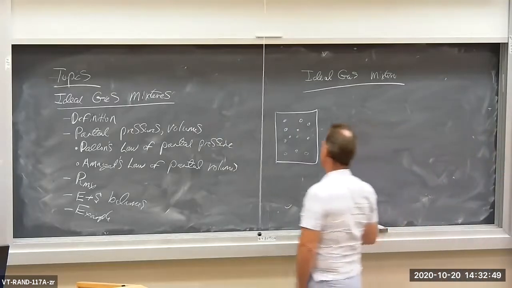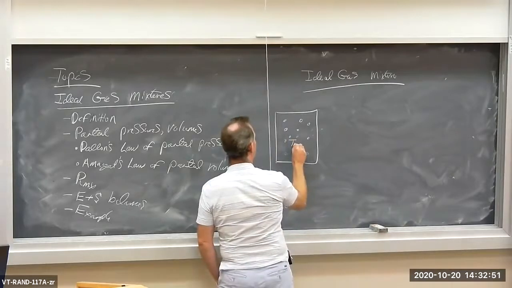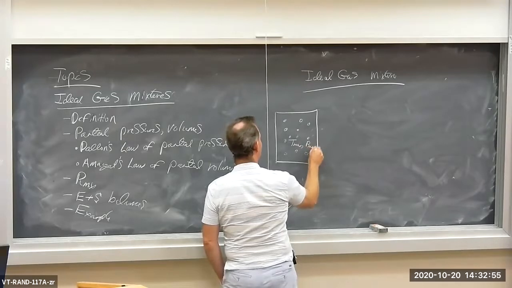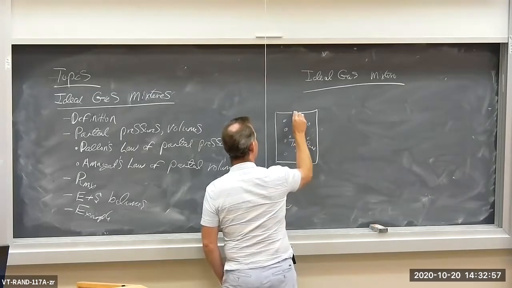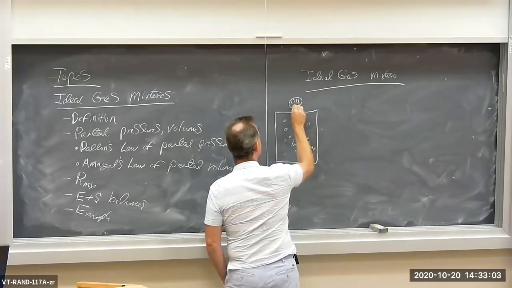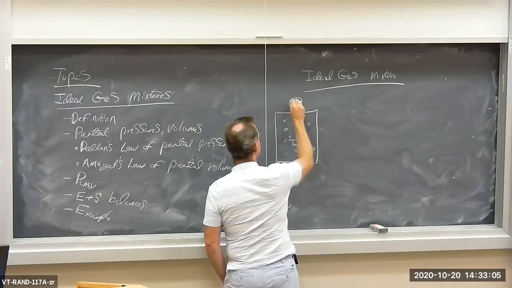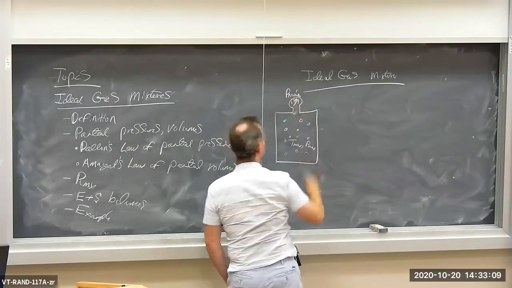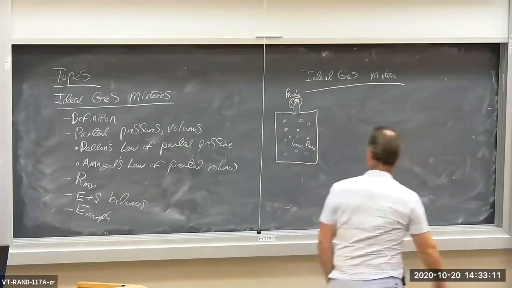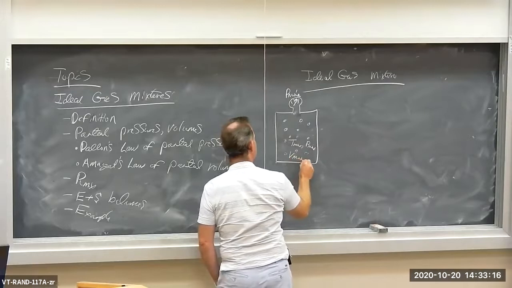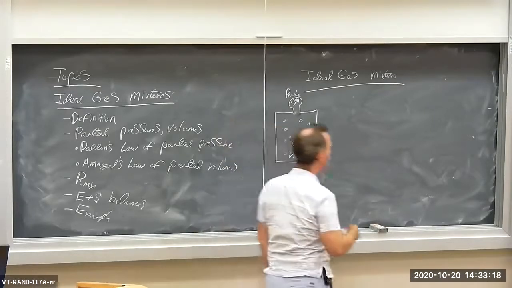And this mixture overall has a mixture temperature, a mixture pressure. So if we have a pressure gauge here, we have a P mix, mixture pressure, mixture temperature, a mixture volume.